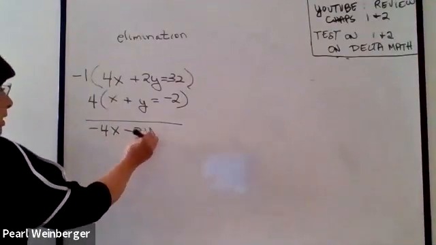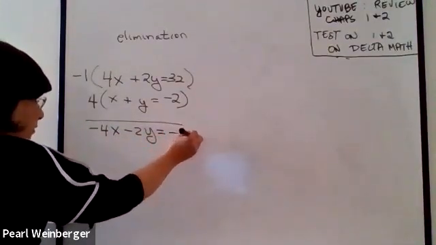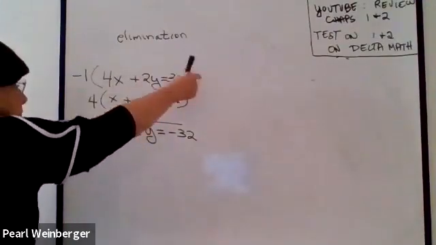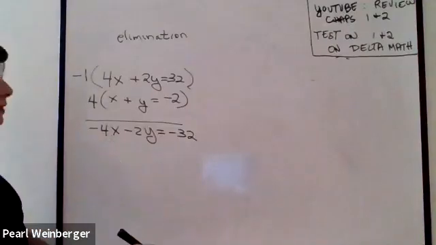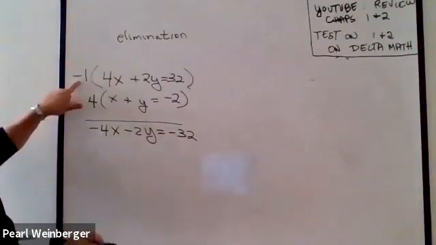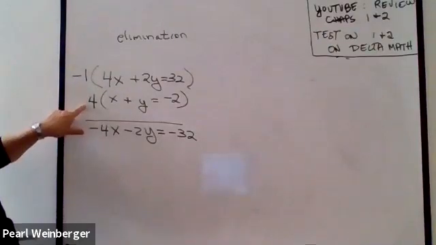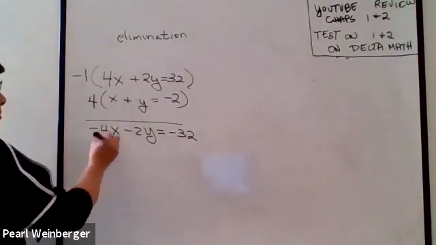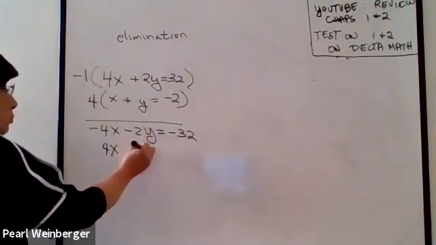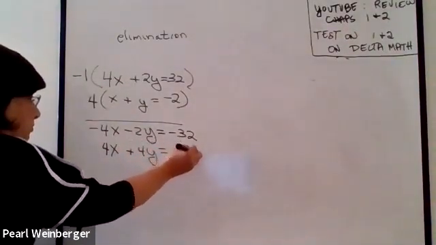minus 2y equals -32. Be careful, you have to multiply everything on both sides of the equation by that number, in this case, -1. The second equation, we're multiplying everything by +4. So I will get 4x plus 4y equals -8.